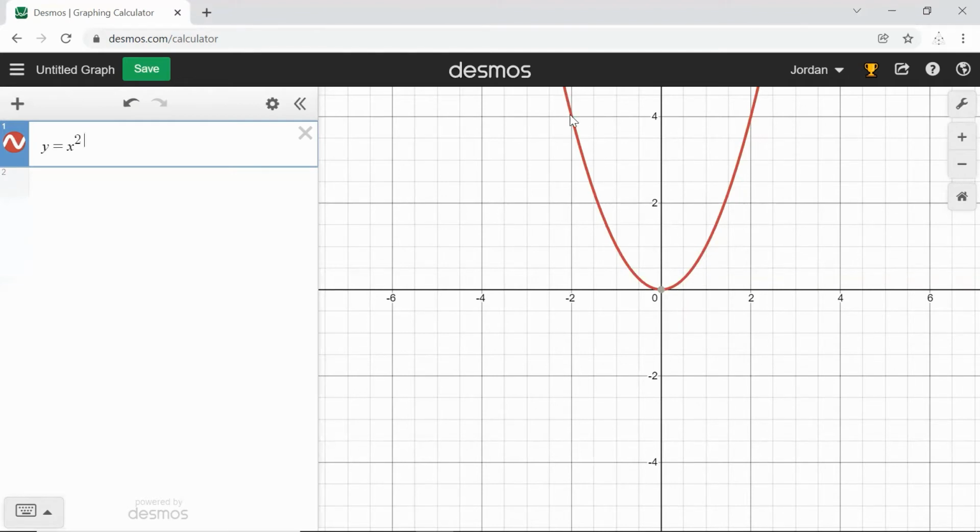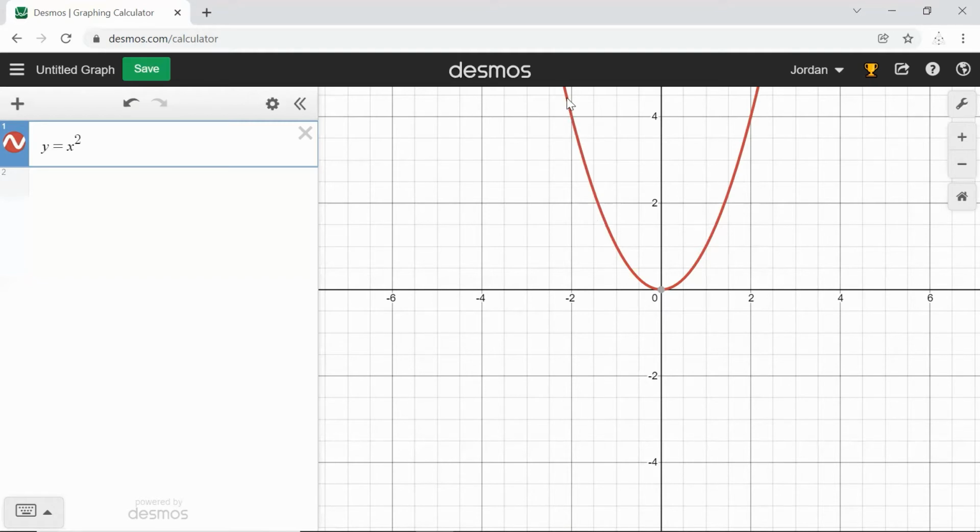So it's decreasing from negative infinity up to 0, and then it's increasing from 0 all through infinity as you move to the right. You start at 0, you move to the right, you're increasing. You start behind 0 and move towards 0, you're decreasing. So not every function is always increasing or always decreasing.